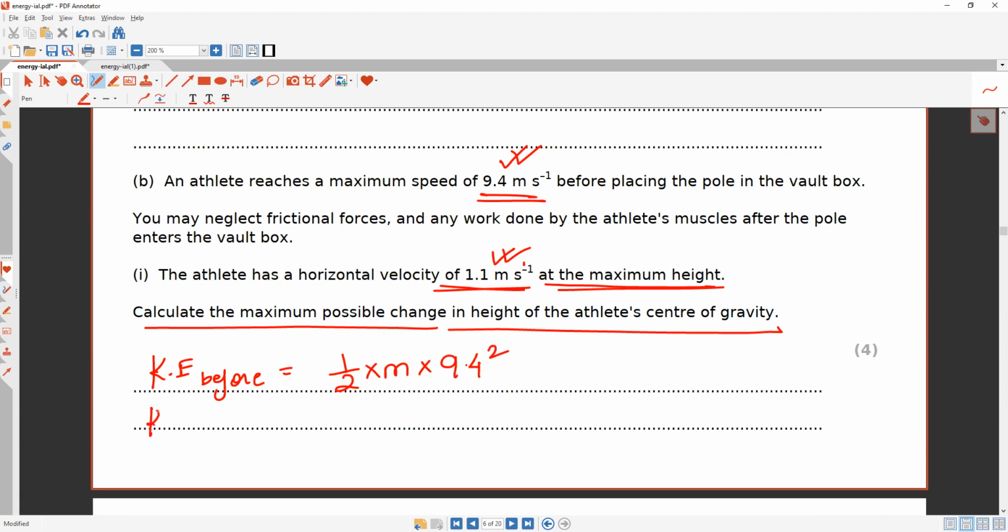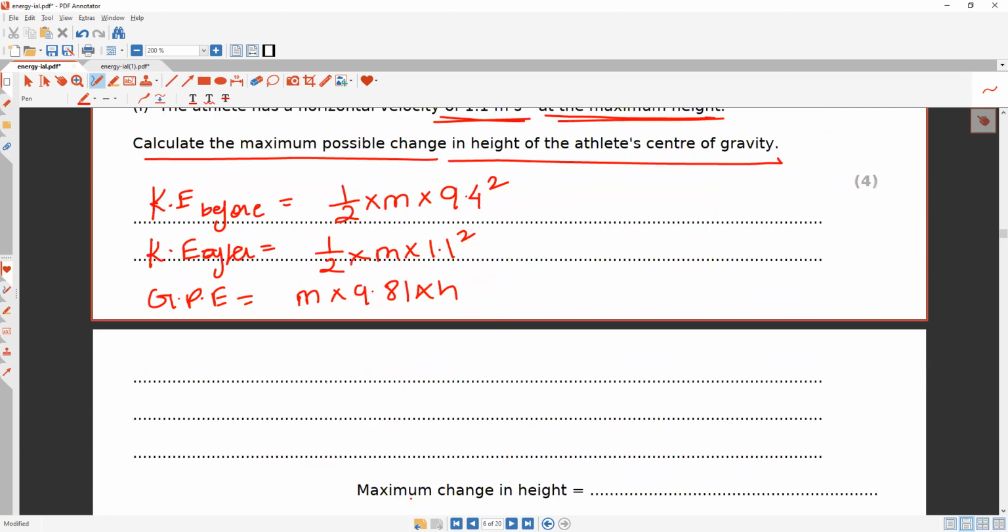What is the kinetic energy afterwards? At the top, his kinetic energy is again half m v square. And the gravitational potential energy after is m g h. H I don't know. So the kinetic energy before is equal to the kinetic energy after plus the gravitational potential energy.